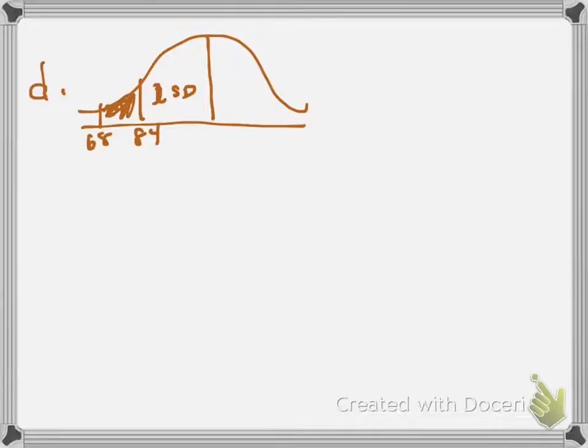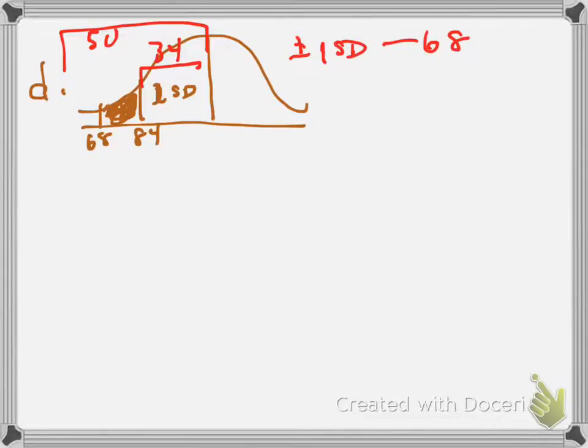And what I want to do is find this right here, okay? So how do I do that? So again, what I know is that this is 50, right? And this is 34, right? Because 1 standard deviation plus or minus is 68%. So divided by 2 is 34.